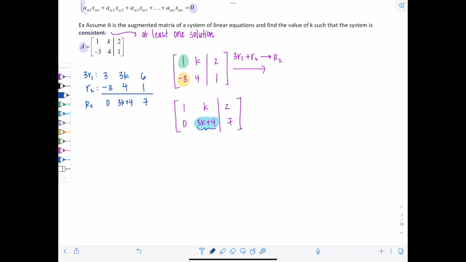So we basically don't want 3k plus 4 to equal 0, because then the system is inconsistent. If it's anything else, then we can find a solution, one solution or infinitely many.